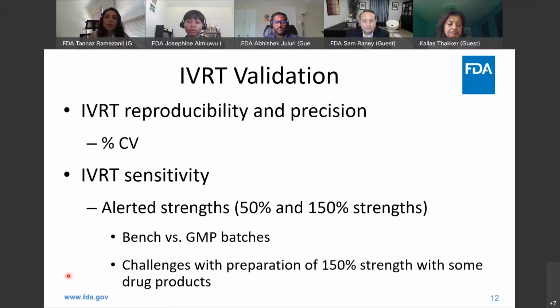And we already discussed the challenges with formulation of higher strength and bench batches versus GMP batches in the previous session. Is there any final point that we want to discuss here regarding challenges to formulate higher strength? Or if you think it is well covered, then we can move to the next slide.